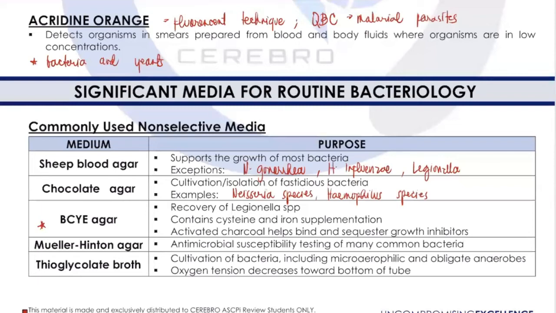For example, if the organism is an obligate anaerobe, you might see it at the bottom of the thioglycolate broth because it is afraid of oxygen. Usually the microaerophiles are in the subsurface, because those at the surface are the obligate aerobes. Always remember that the oxygen tension decreases towards the bottom of the thioglycolate broth. Okay?